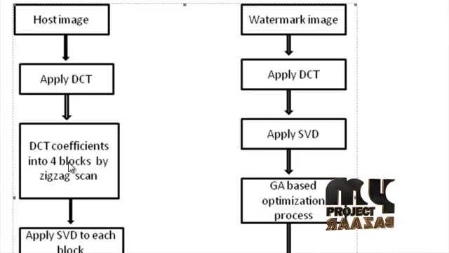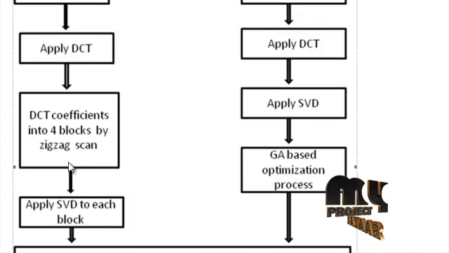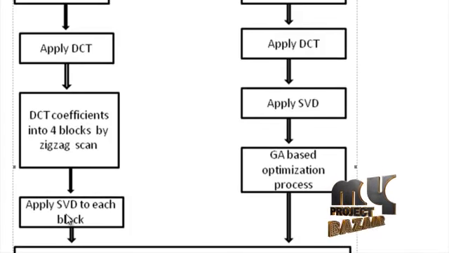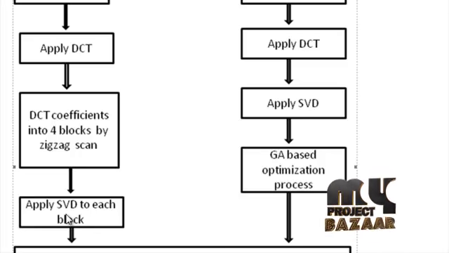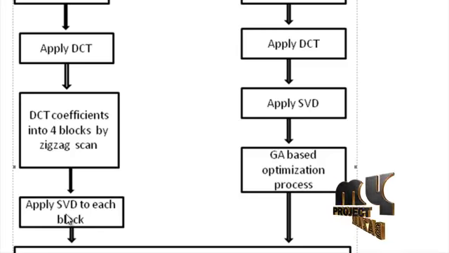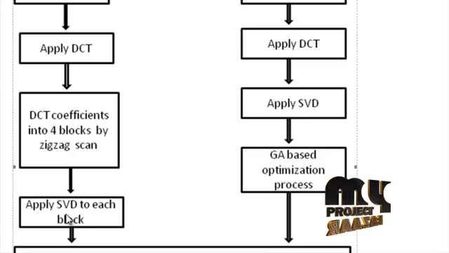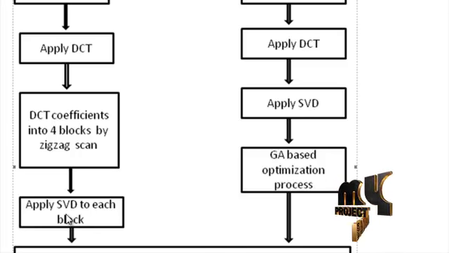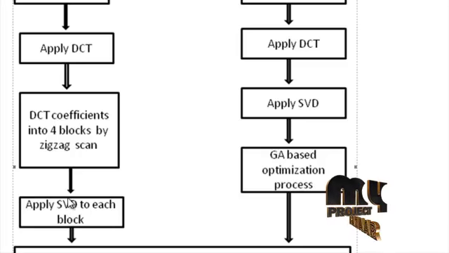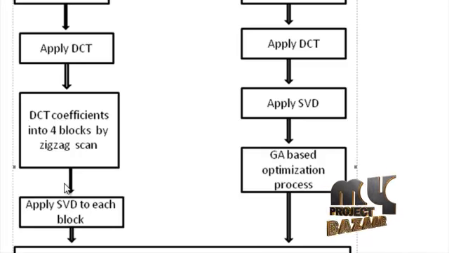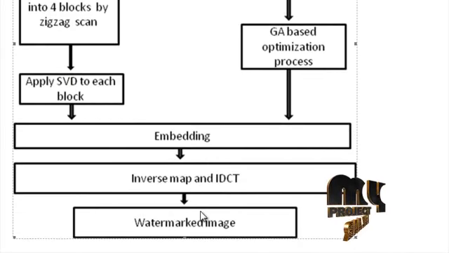Then we apply the singular value decomposition operation in each area, and the host image is modified by the left singular vectors and the singular values of the DCT transformed watermark to embed the watermarked image. The left singular vectors and singular value are used as a control parameter to avoid the false positive problem. Each area decides the scaling factor optimal value using the genetic algorithm with the mean of watermark. Finally, we got the watermarked image.